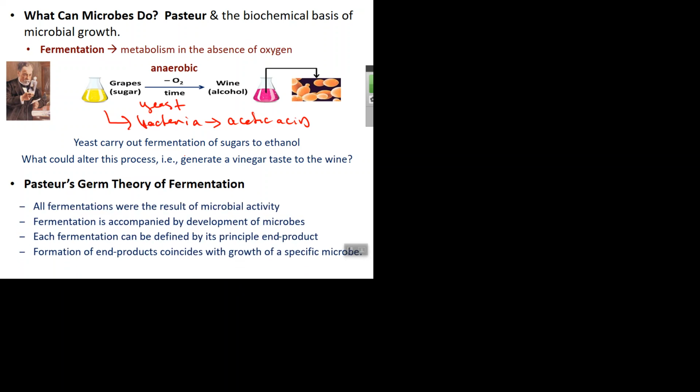So number one, all these reactions going on are due to microbes. It's not just a strictly chemical reaction, okay? It's cell-based chemical reactions, if you will, okay? Again, when you go from beginning to end, you'll find that you have very few cells here, but lots of cells here and lots of product, right? So it's cells that are creating this.